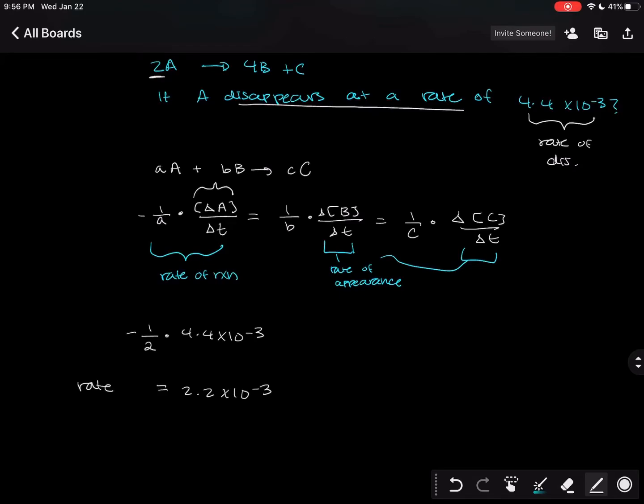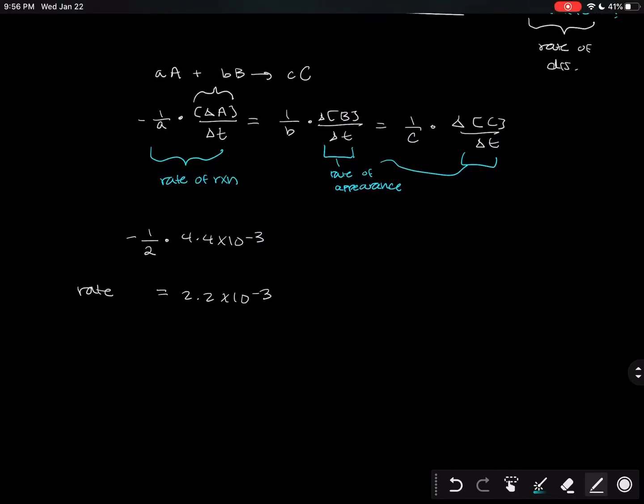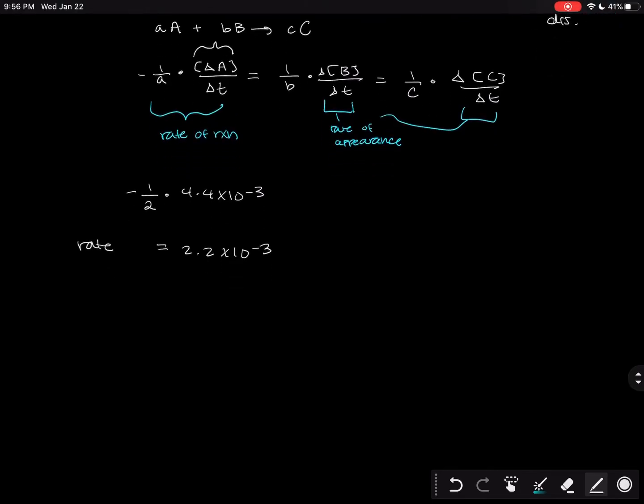Okay, so then when we're solving to figure out what the rate of appearance of B and C is, we can set it equal to this. So we'll know that 2.2 times 10 to the negative third equals 1 over the coefficient of B times, we can call this RB, rate of appearance of B. Okay, so this is what we're solving for.